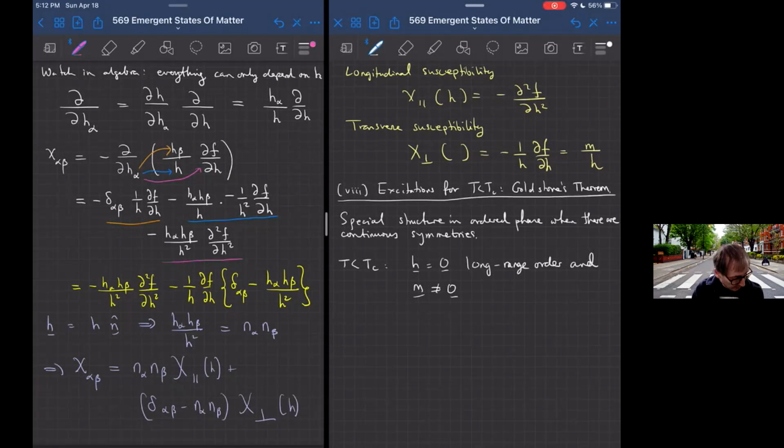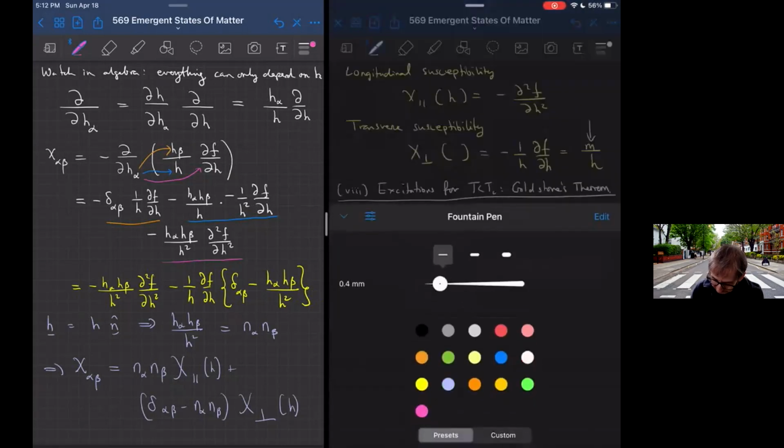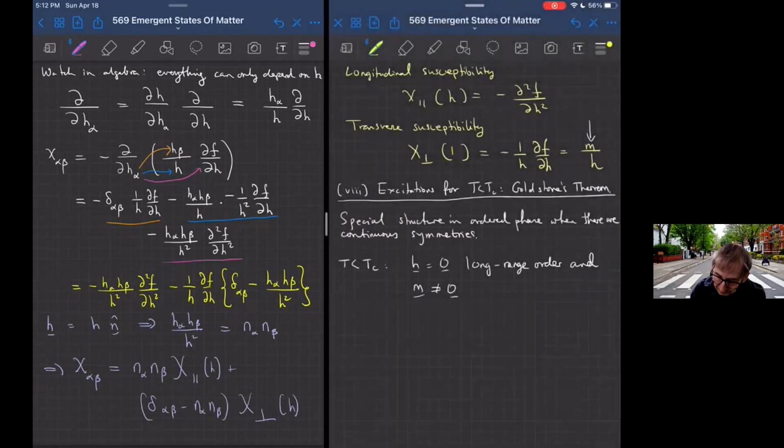So what that means is that you can see over here that chi-perpendicular is going to diverge as h goes to 0. And so I can write then that chi-perpendicular, when h is equal to 0, is equal to infinity, or perhaps more reasonably, I'll write that the inverse of chi is equal to 0.